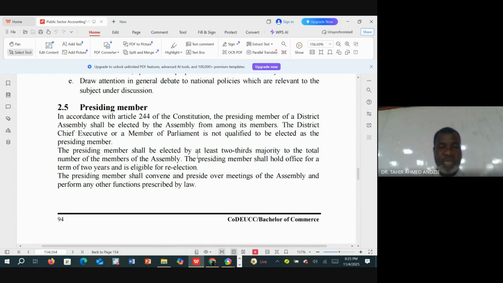A presiding member shall be elected by at least a 2/3 majority of the total number of members of the assembly. So you see, just like the district chief executive, the presiding member must be elected by the 2/3. 2/3 means that if they are 30, 20 of them should vote for the person. If less than 20 votes, he hasn't gotten the minimum to become elected presiding member.